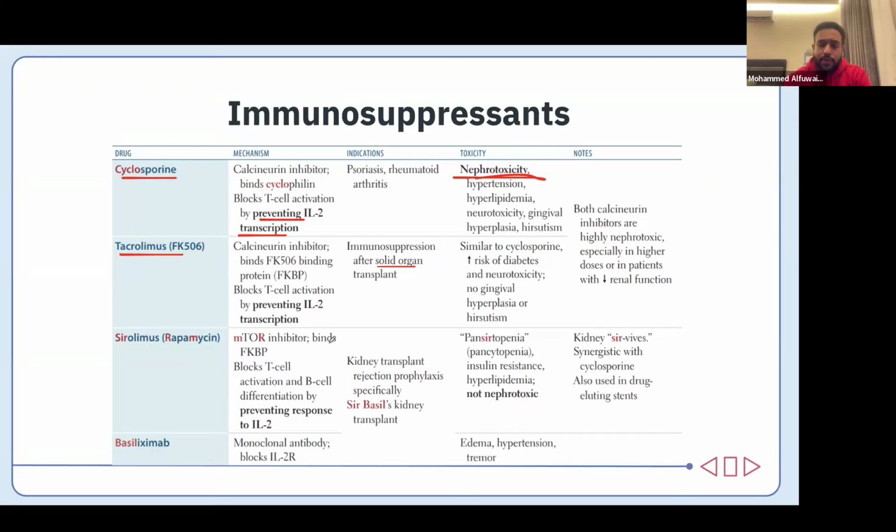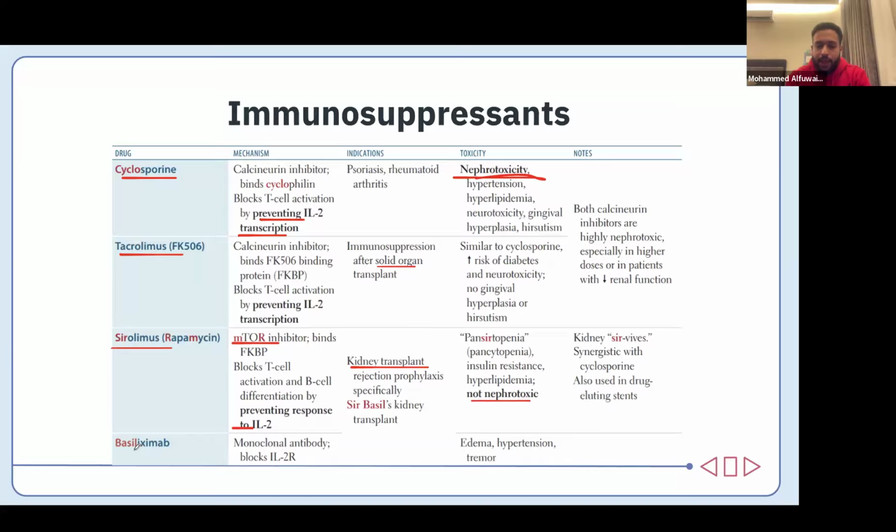Sirolimus, not tacrolimus, sorry, is the one that we use in kidney transplant. Sirolimus is an mTOR inhibitor which blocks the T cell response to IL-2. It doesn't block IL-2 itself or IL-2 production. It's used in kidney transplant, and it's not nephrotoxic.